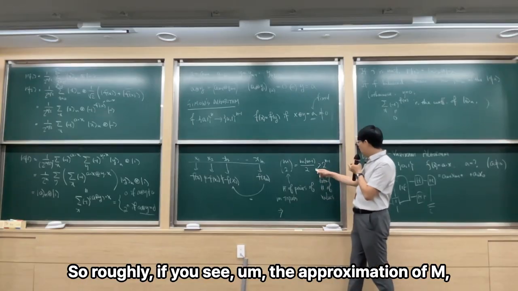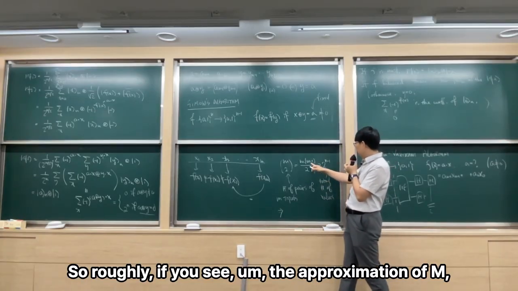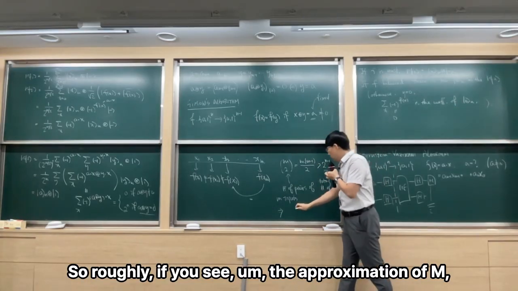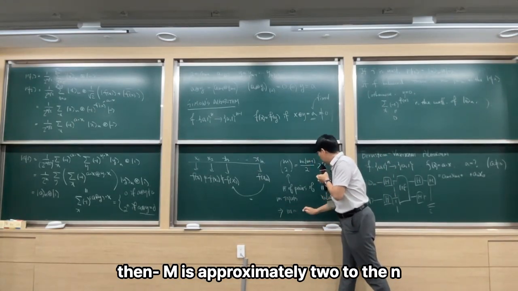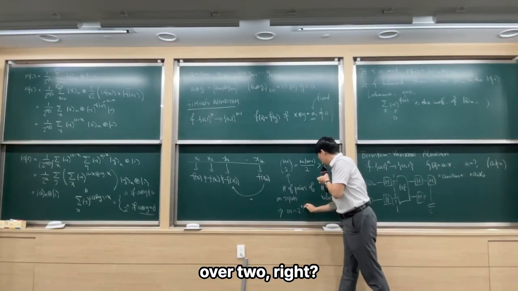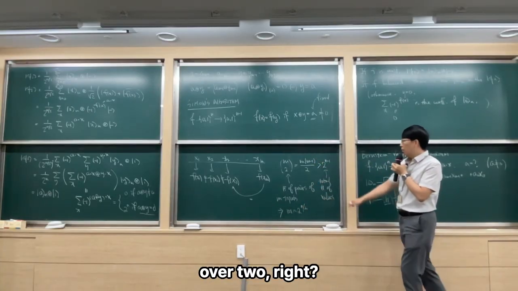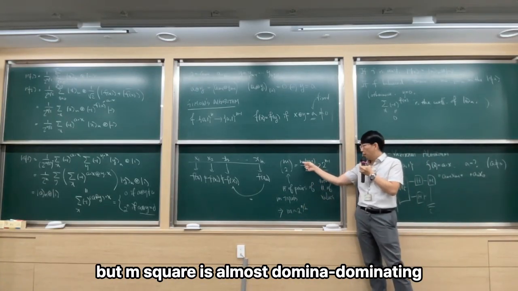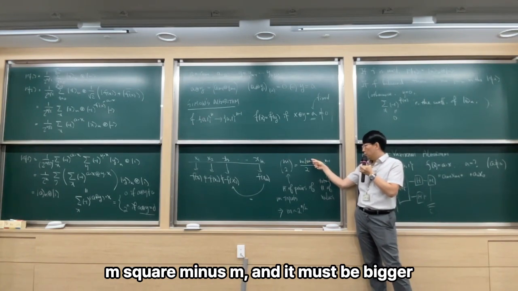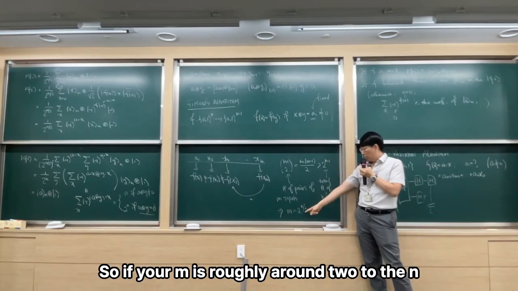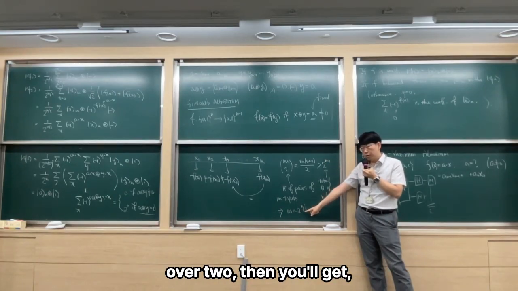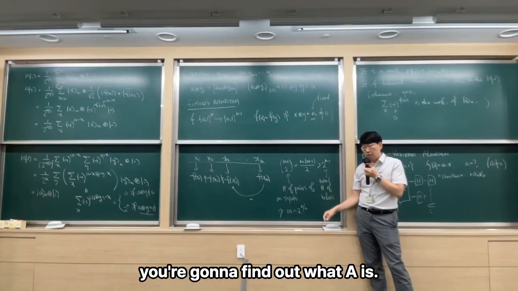So roughly, if you see the approximation of m, then m is approximately 2 to the n over 2, right? I mean, not exactly, but m squared is almost dominating m squared minus m, and it must be bigger than 2 to the n. So if your m is roughly around 2 to the n over 2, then you're gonna find out what a is.